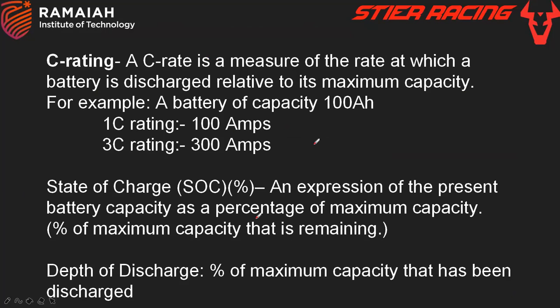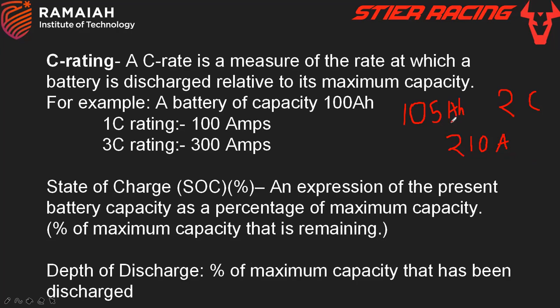Okay, C rating. Let me consider our battery only. Our cell has 105 ampere hour capacity. If my cell is rated as 2C rating, that means I can draw 210 amperes of current for 10 seconds. In the initial 10 seconds, I can draw 210 amperes.